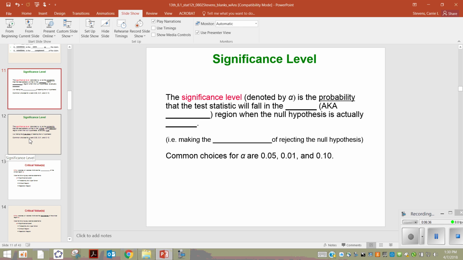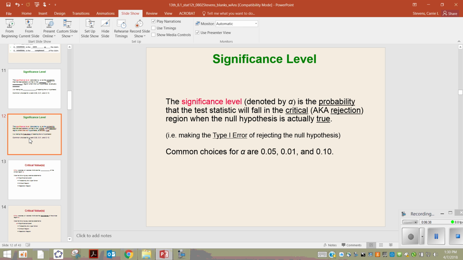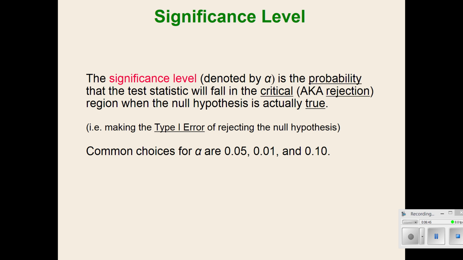Then we need to define a few other things. We've talked about a significance level before, and we talked about it in a very vague way in Chapter 7. We were learning about how to do interval estimates of proportions and means, and we talked about how you have a confidence level, and then the confidence level has a corresponding significance level.